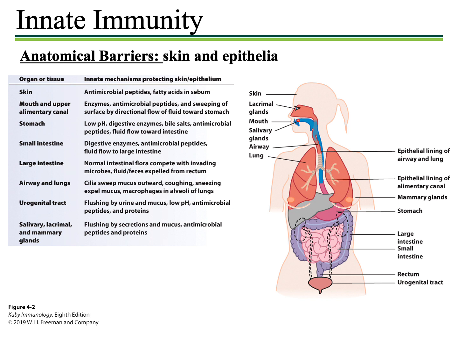Additionally, there are enzymes that play a role in the breakdown of potential pathogens, as well as antimicrobial peptides found in the stomach as well. The small intestine also contains enzymes and antimicrobial peptides that play a role in the destruction of potential pathogens.